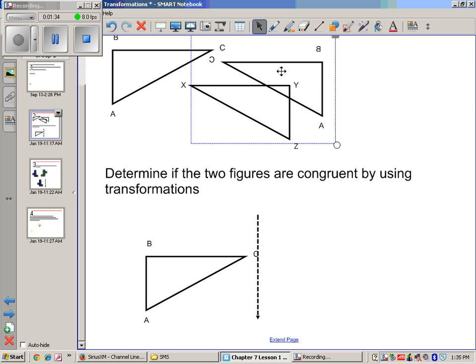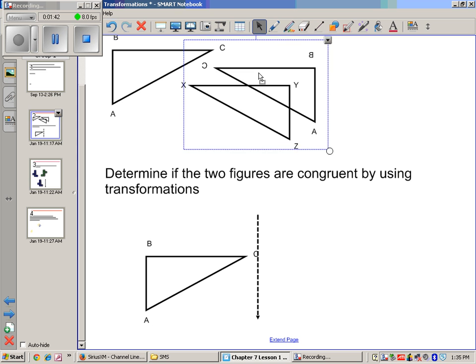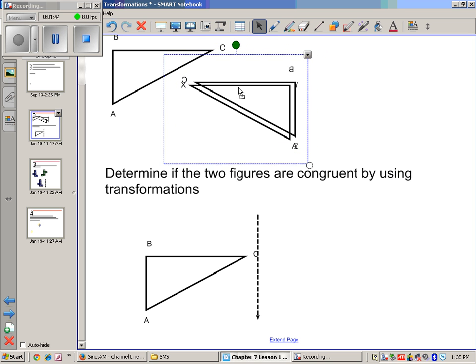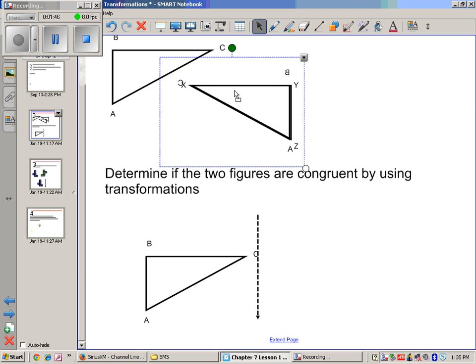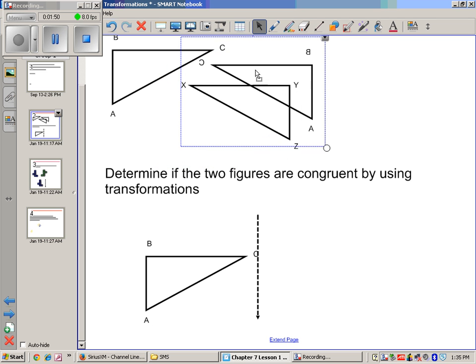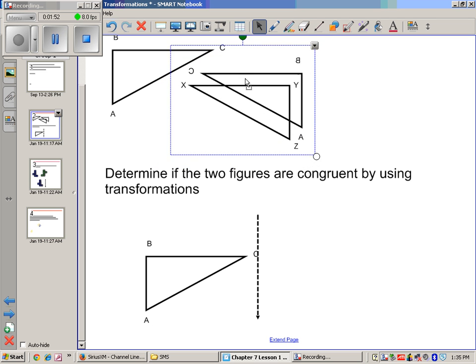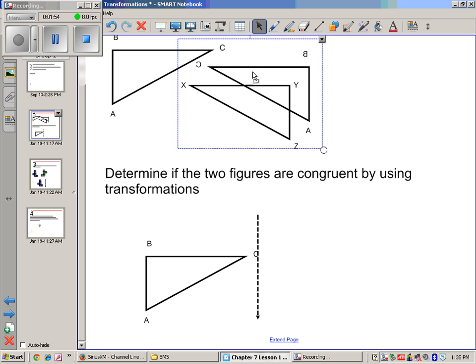So if we had a reflection of ABC over the dotted line, and then we took it and translated it, or slid it over, we would have a fit. When this can happen, we do have congruent figures.